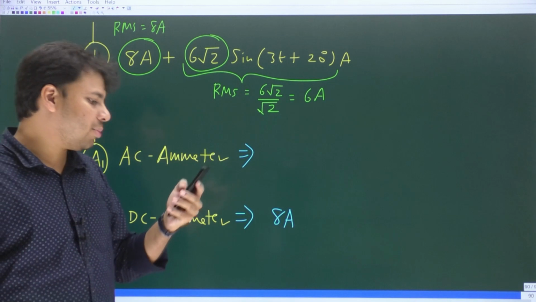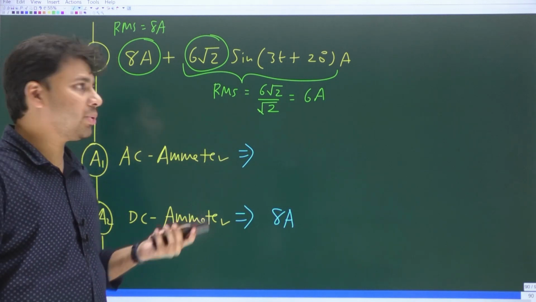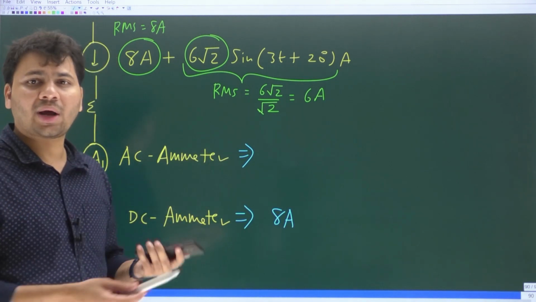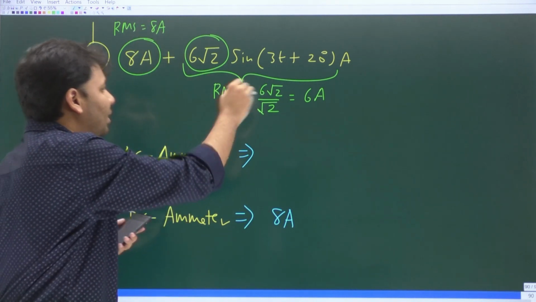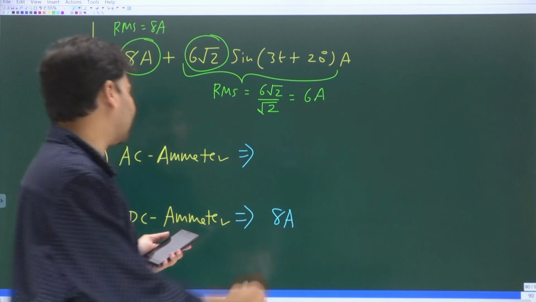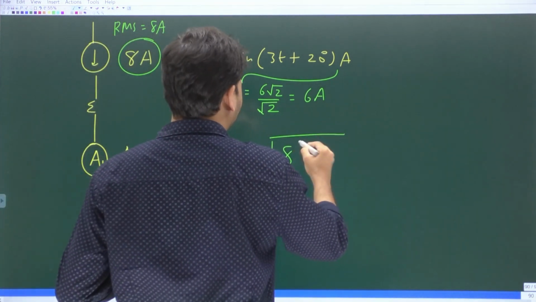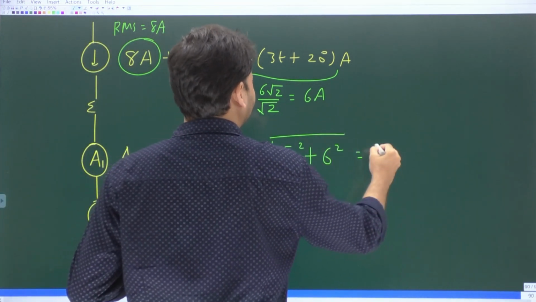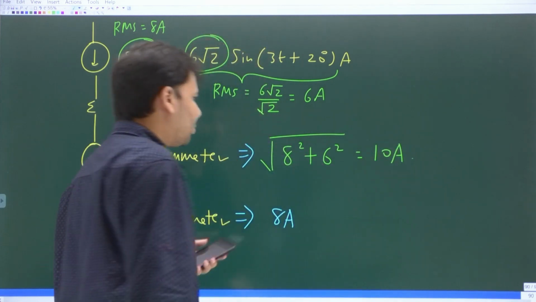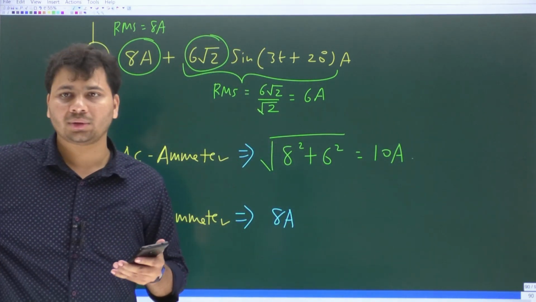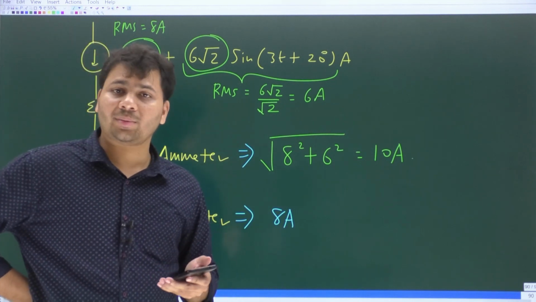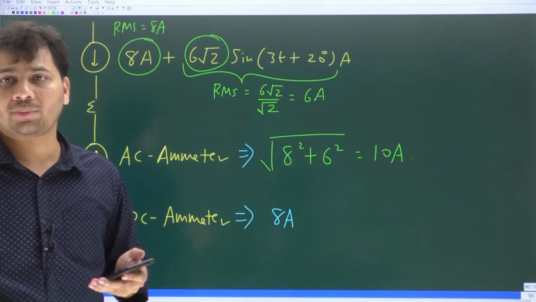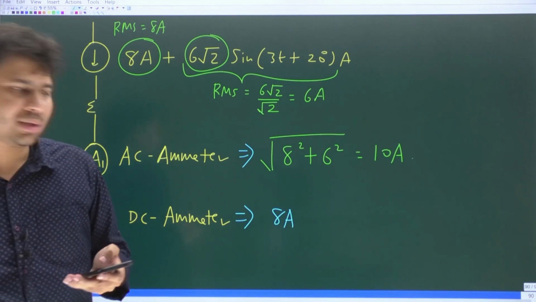The RMS value of the AC component, that is the sinusoidal component, is 6 amperes. The overall RMS value will be the square root of this RMS squared plus this RMS squared. Yes or no? So it will be the square root of 8 square plus 6 square, which is going to be 10 amperes. Yes, so the AC ammeter will measure the RMS value of the current flowing in that branch. I hope this part is clear.